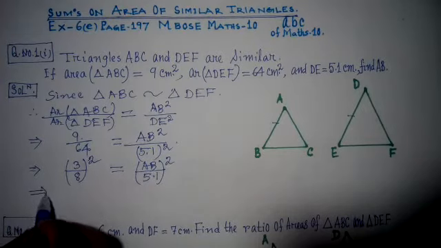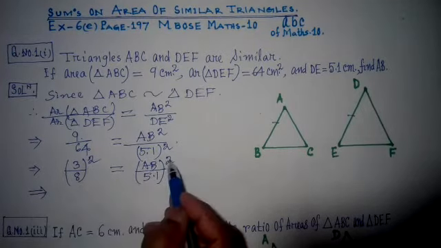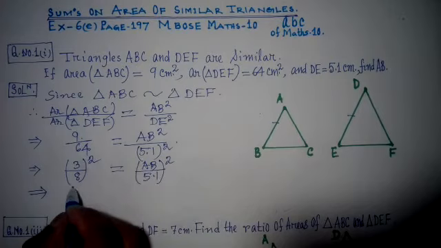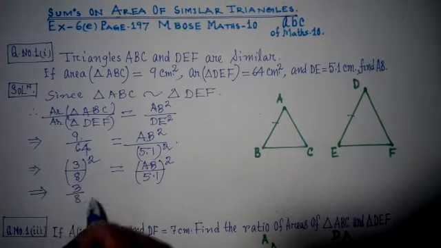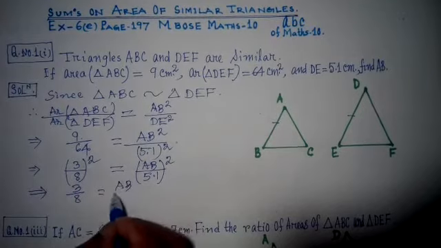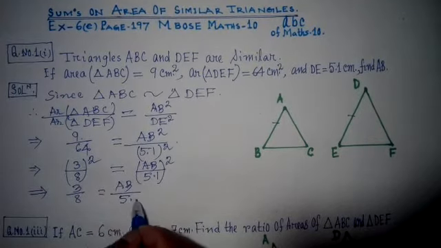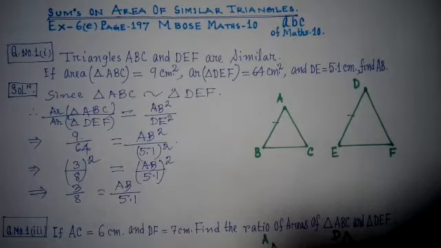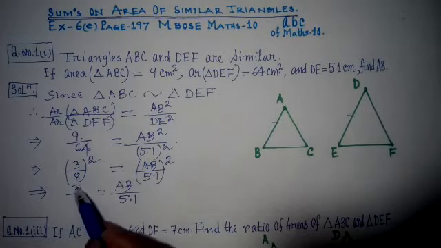Now mentally the square on left and right cancel, so we get 3 by 8 is equal to AB by 5.1.